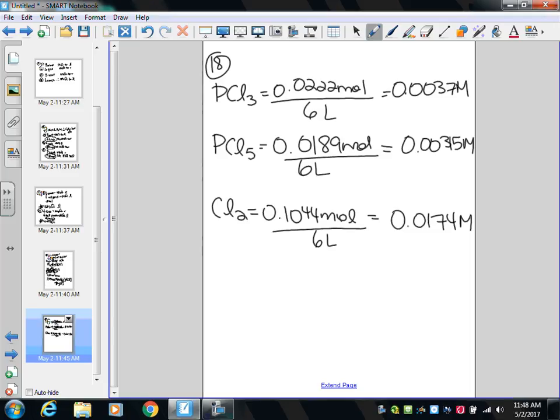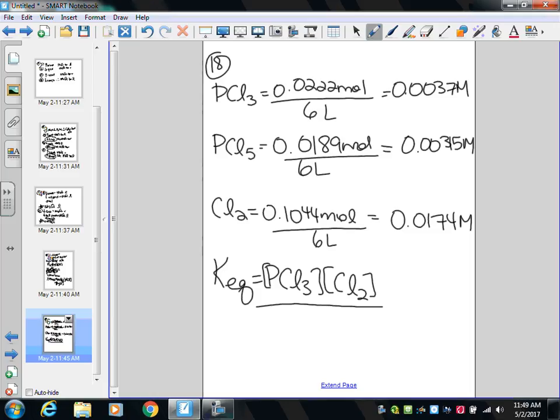Plug it into what? Right, there are KEQ products over reactants. So, what are my products? Do either one of them have a coefficient or therefore an exponent?